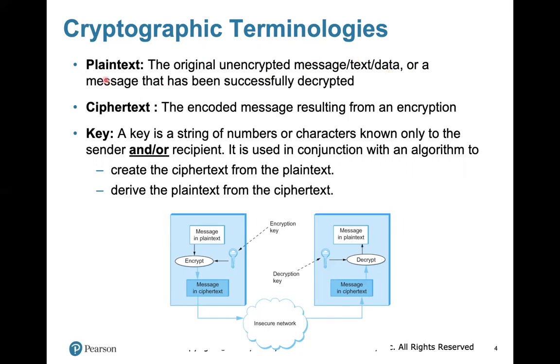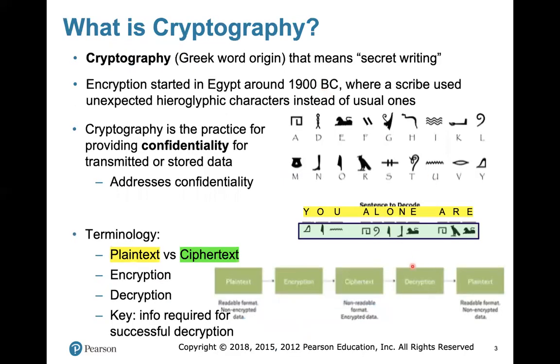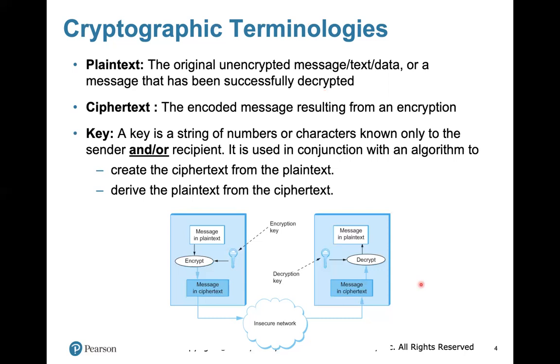But what we are emphasizing when we say plain text is that this is the original data. It's unencrypted. It's not protected, and it's easy for the attacker to use it because it's not protected. So it might be the original unencrypted data, or the data which has just been decrypted successfully. Because at the end of the day, when you decrypt, you again get the plain text. So the plain text might be the original data, or data that came out of a successful decryption.